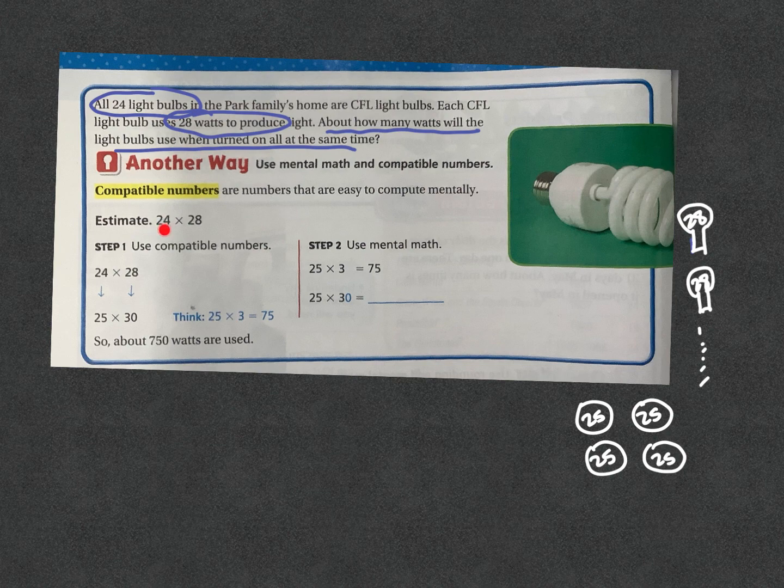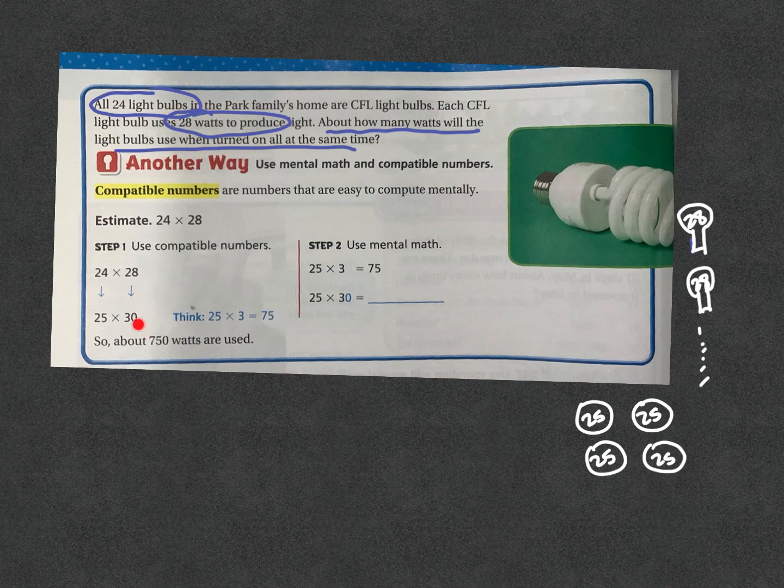So since 24 is super close to 25, and we know we can calculate with 25 fairly easy, let's round that to 25. So that's what they did here. And then 28 is between 20 and 30, but it's closer to 30, so we'll round that to 30. And then we're going to do 25 times 3, which you know is 75 cents, right? 3 quarters is 75 cents.